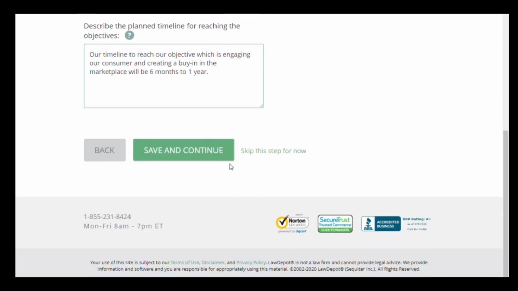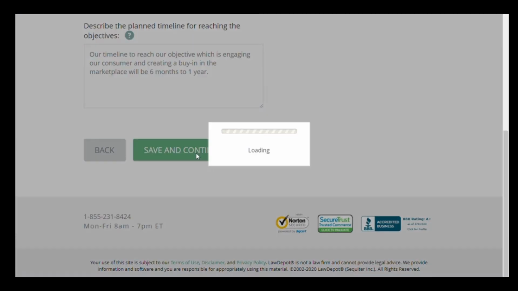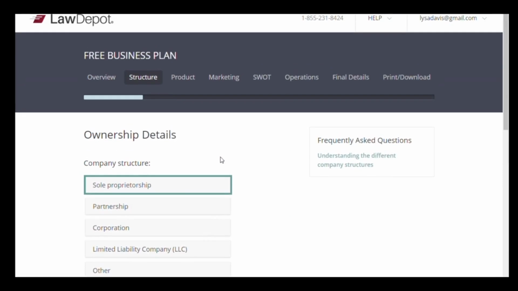After that, we want to save and continue. And of course, we can expand upon that, but again, I'm just trying to take you through this exercise so that you can see the thought process on creating your business plan and what lenders are looking for.